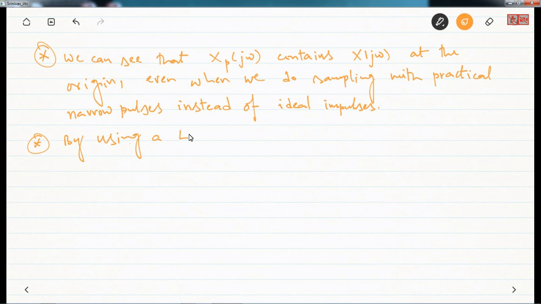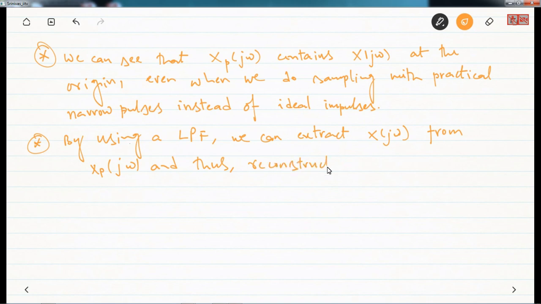By using a low pass filter, we can extract x of j omega from xp of j omega, and thus reconstruct x of t from xp of t.